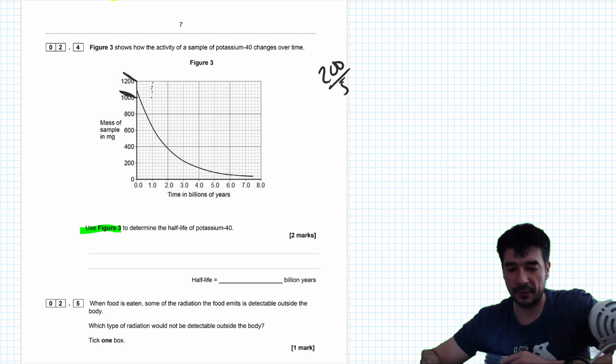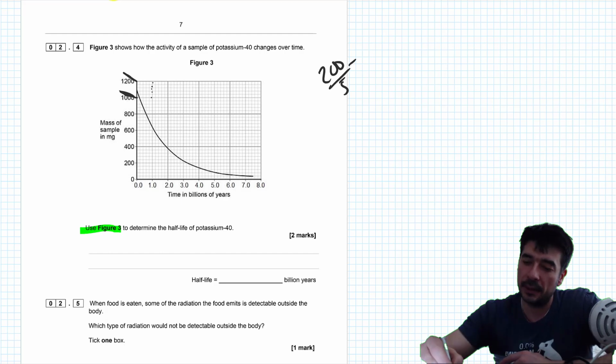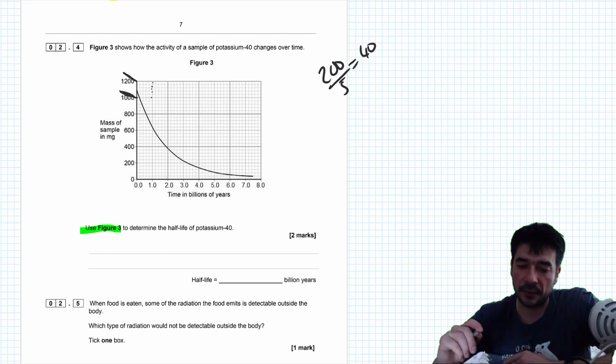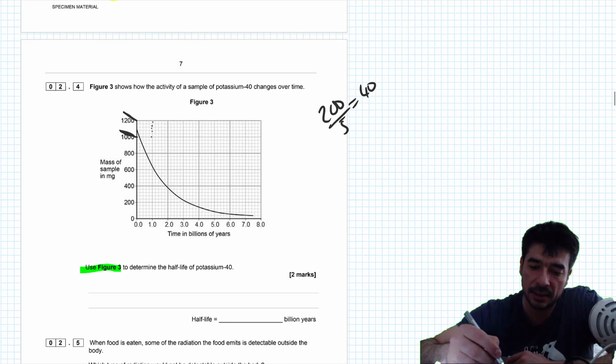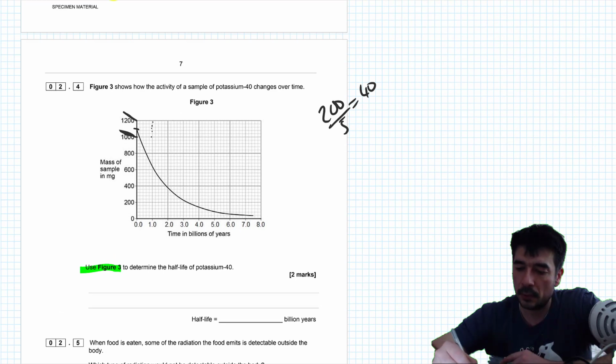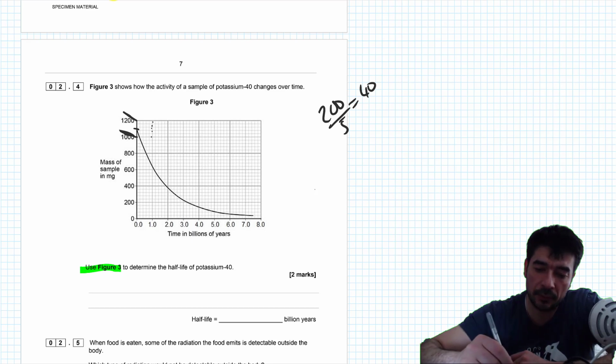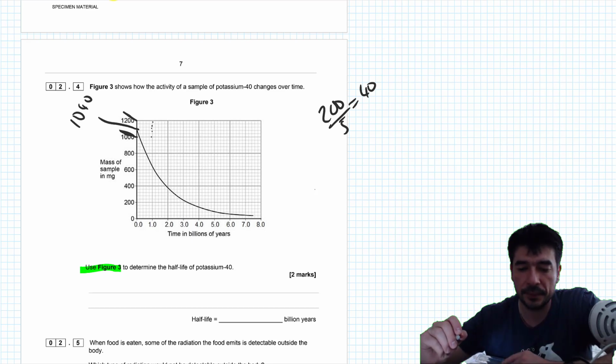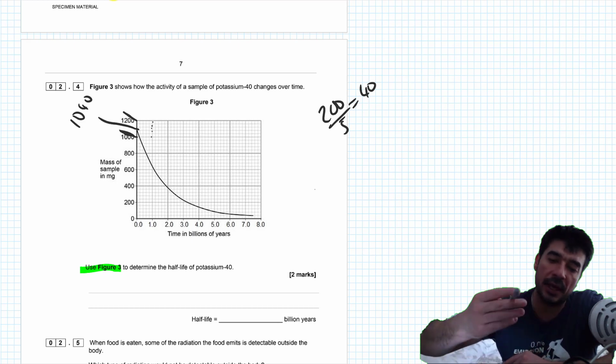That's right, 200 divided by 5 is 40, right? So each of these little squares is worth 40. And where do I start at? I'm starting at a value of 1040, right? No, it's 2 squares, so 1080.